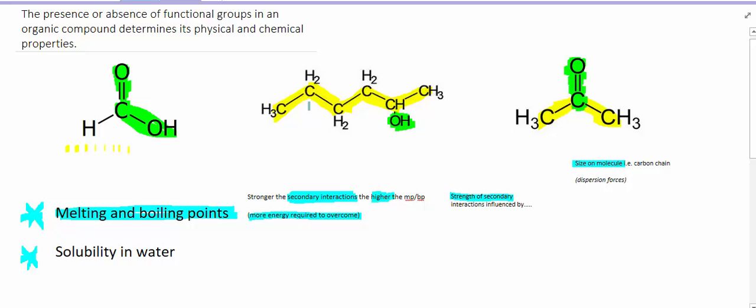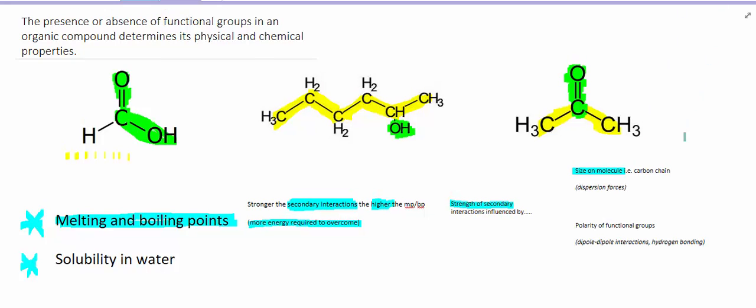The larger the non-polar hydrocarbon chain, the larger the molar mass is going to be. And we know that the molar mass is related to dispersion forces. So the larger the molecule, the larger the hydrocarbon chain, the stronger the dispersion forces are going to be.